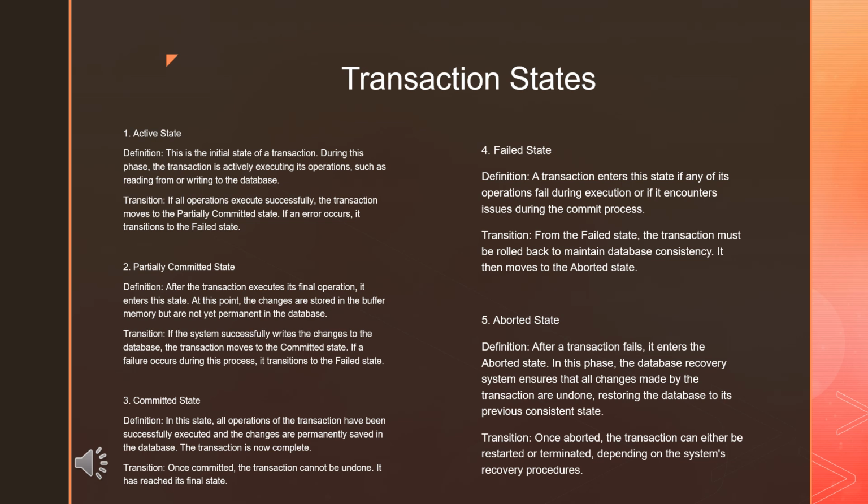Transition: once aborted, the transaction can either be restarted or terminated, depending on the system's recovery procedures.